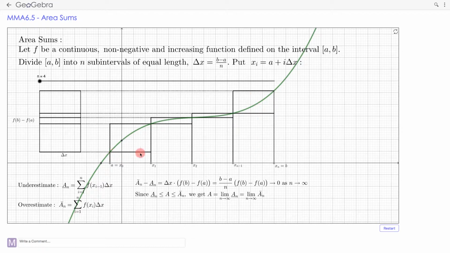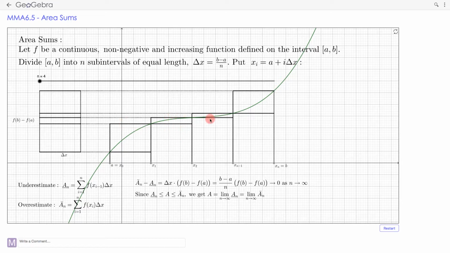You can see that there's a rectangle down here. Then there's a rectangle up here. And there's a rectangle over here. Clearly, this rectangle, having this line as the roof, has the same area as this rectangle with this line as the roof, right? So these two rectangles cancel.